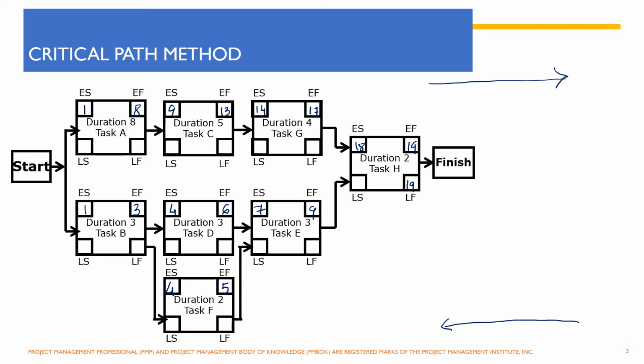And in order for activity H to complete on 19th, it must have been started on 18th, and here it must have been finished on 17th so that we can start the next activity on 18th. And in order for activity G to complete on 17th, it must have been started on 14th.